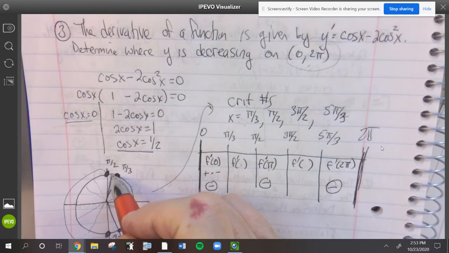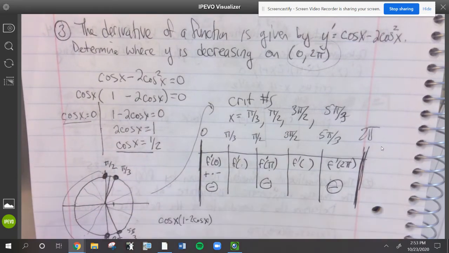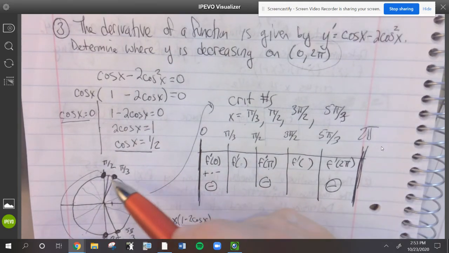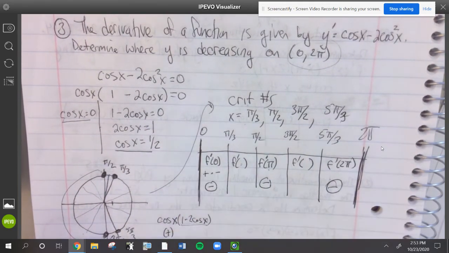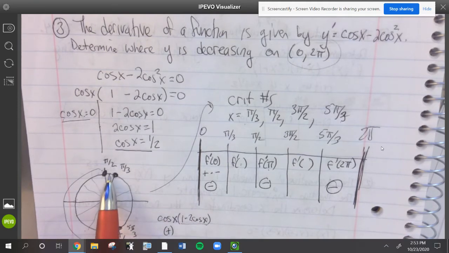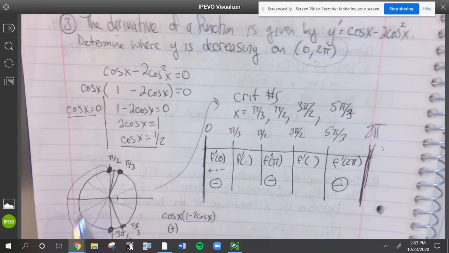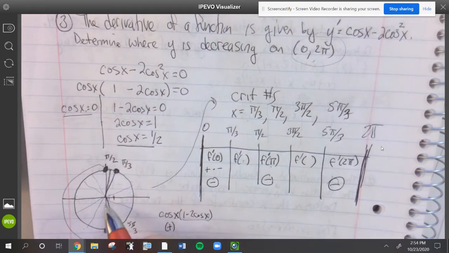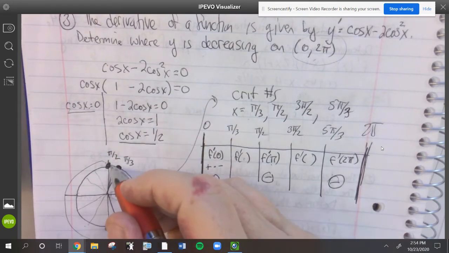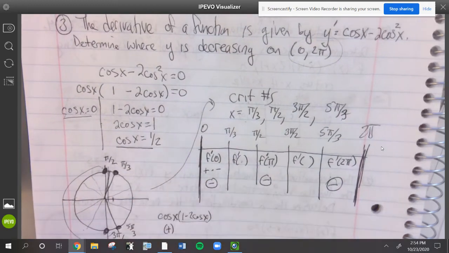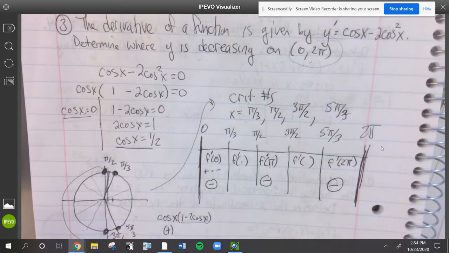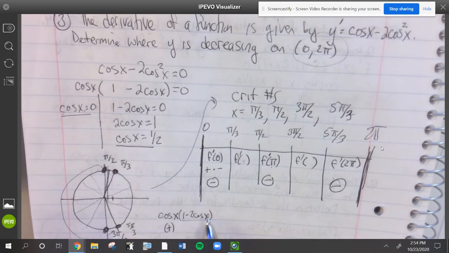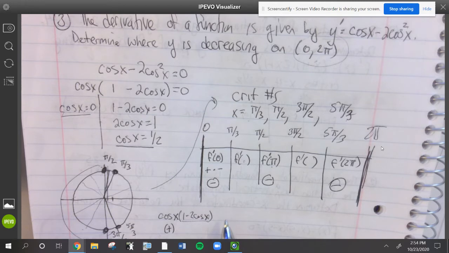Cosine of this angle is positive because it's x. 1 minus 2 cosine of this angle. Now, this is very, very close to 0. Look at where it is on the x-axis. So we can say it's like 0.001. That's where it is on the x-axis. That's what cosine is. So it would be like 1 minus 0.002, which is positive.